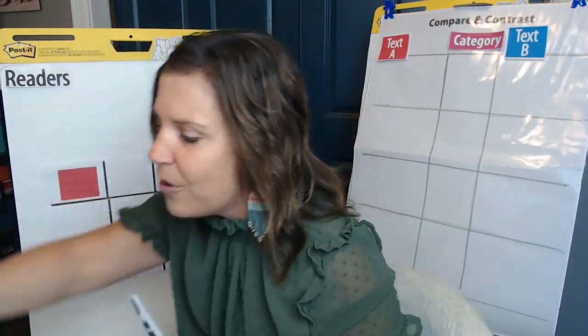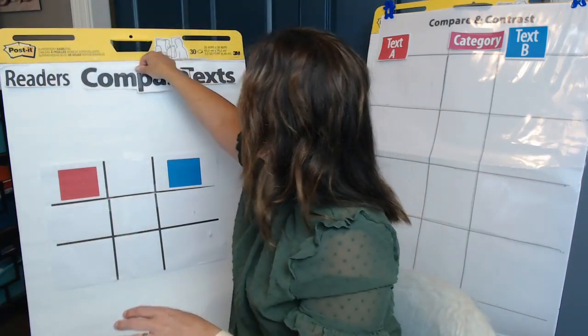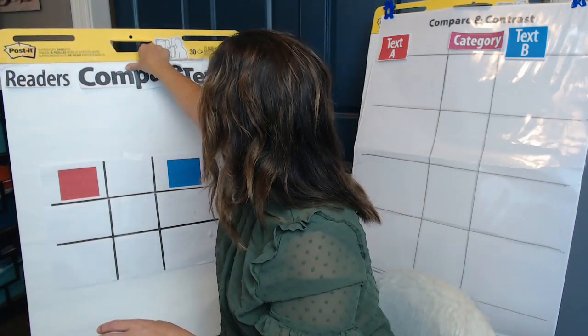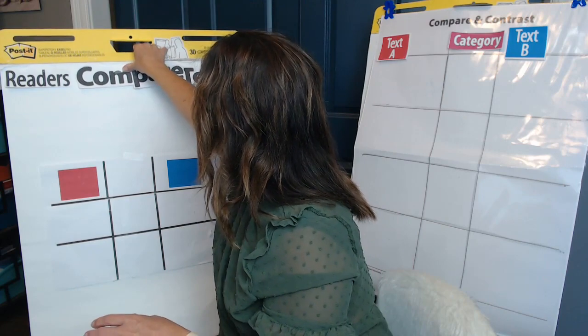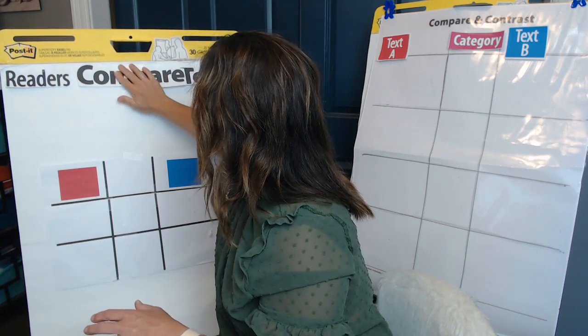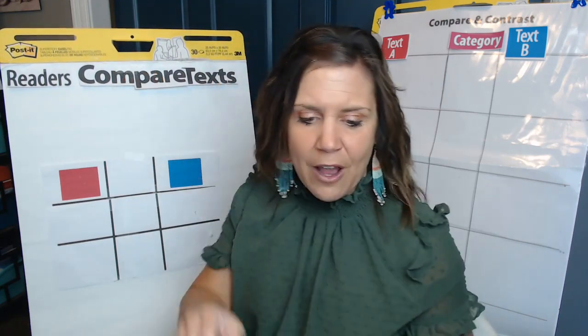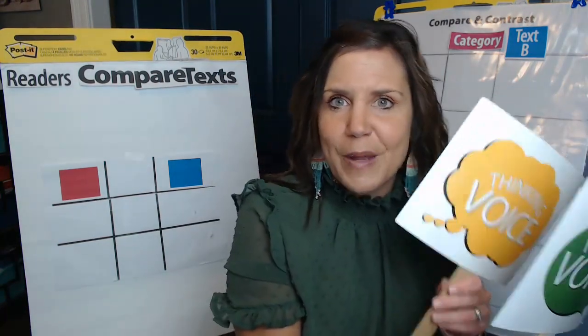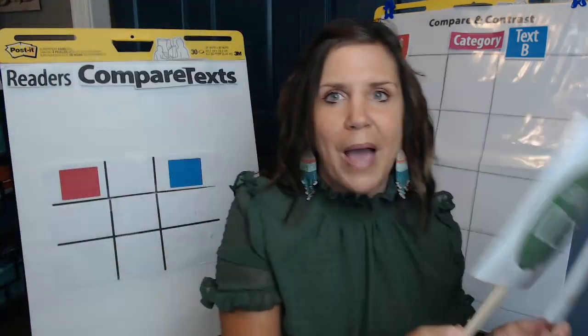So I'm going to take juggle down and I'm going to put up the word compare. We're going to compare two different texts. And some people may say, okay, so do I read the first page of this book and use my thinking voice, and then open up another book and read the first page and use my thinking voice and go back and forth each page?